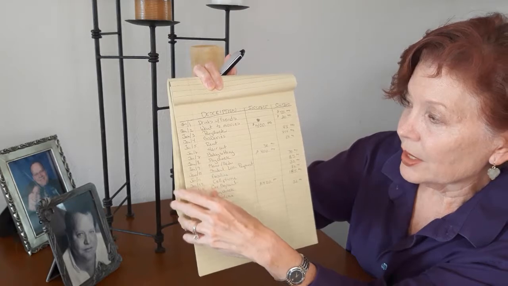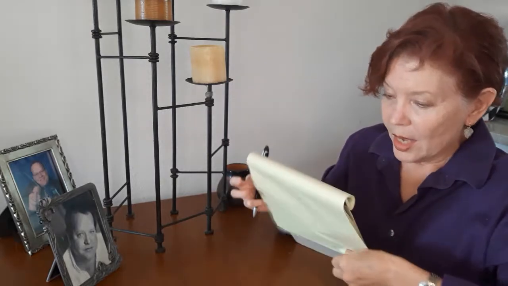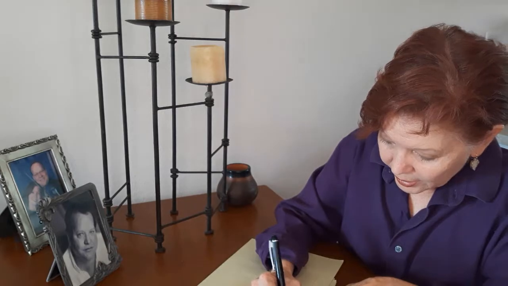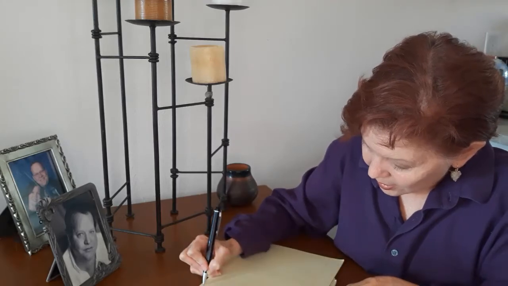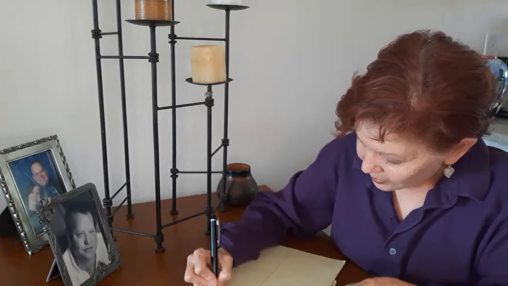Now we're going to take the expenses and put them into the budget form. So we're going to take another piece of paper, and this time we're going to put our income at the top of the page, and we're going to divide it up into estimated and actual.